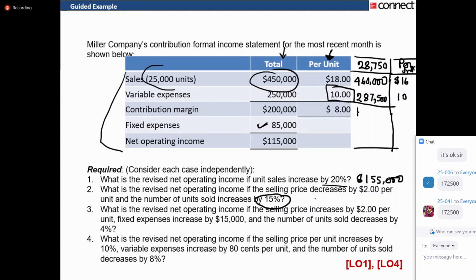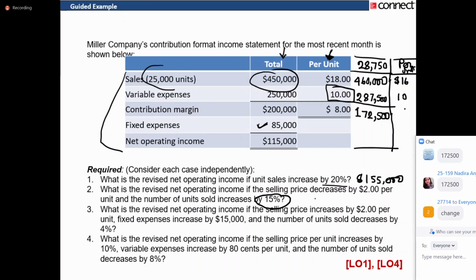It should be 172,500. Okay. Now, per unit contribution margin will be same or it will change? What do you think? Before telling me the number, I'm asking whether it will change.